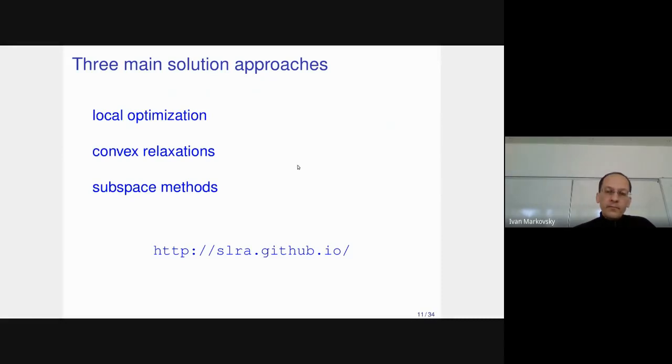I'm working on this, and there is a software package related to these methods, but I'm not going to present them here. Other techniques which are interesting, when we use local optimization, we always need initial approximation. And as you know, when the problem is difficult and we have many local minima, the initial approximation is extremely important. So how do we get this initial approximation?